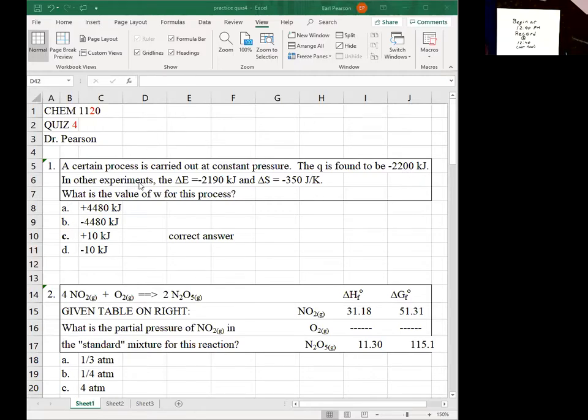In other experiments, delta E is minus 2190 kilojoules, and delta S is minus 350 joules per Kelvin. What's the value for the work for this process? So let's see, if I stop screen share, then you should see my pad.